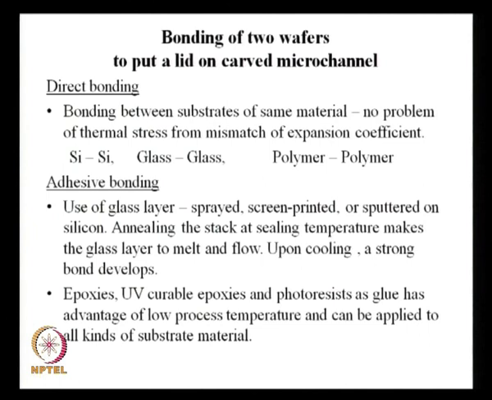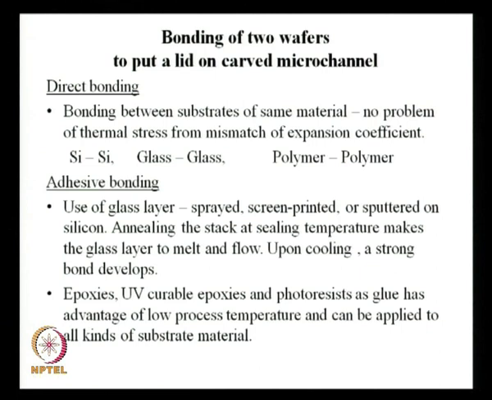Now, direct bonding refers to bonding between substrates of the same material, so that no problem of thermal stress from mismatch of expansion coefficient happens. Here the bonding is done between silicon and silicon, or glass to glass, or polymer to polymer. Earlier we talked about silicon to glass.